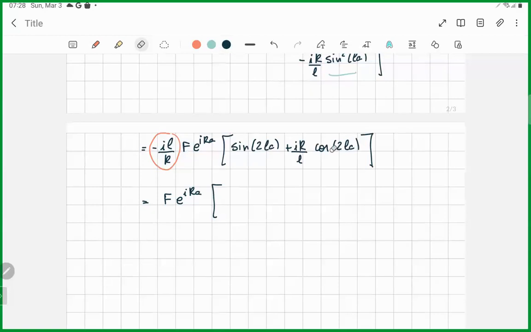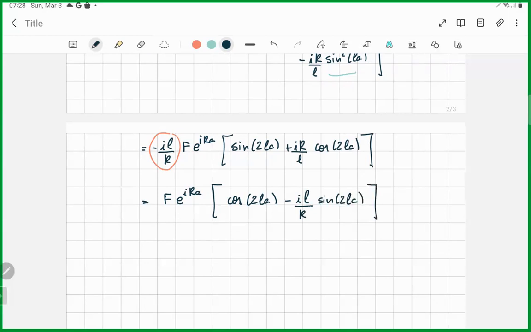I'm going to start with this cosine, and you see the L cancels, K cancels, so what survives here is just the cosine of 2LA. Then this whole thing is multiplied by this sine, I just copy the whole thing, IL over K sine 2LA.